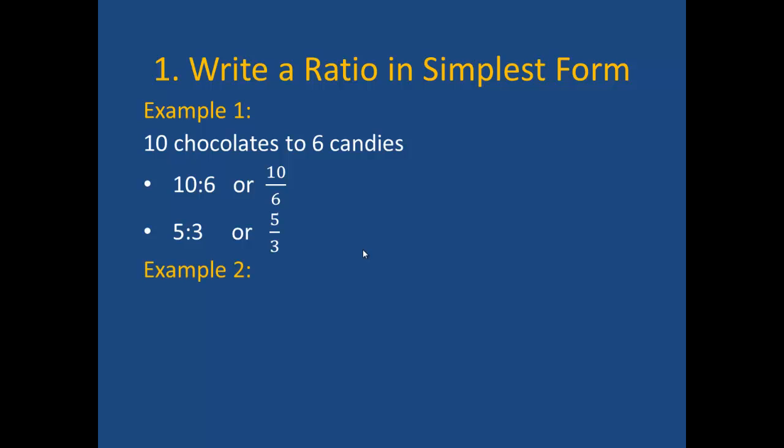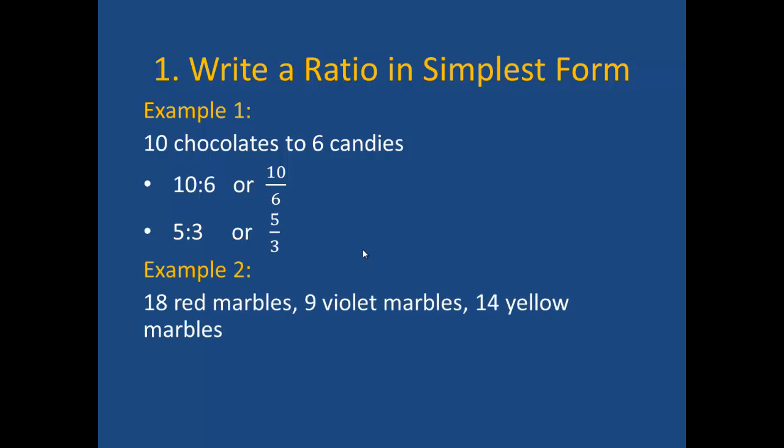In the next example, this is a common example used in math, we might say that I would have a bag of marbles that included 18 red marbles, 9 violet marbles, and 14 yellow marbles. If I am interested in the ratio of red to violet, the ratio can be written as 18 to 9.